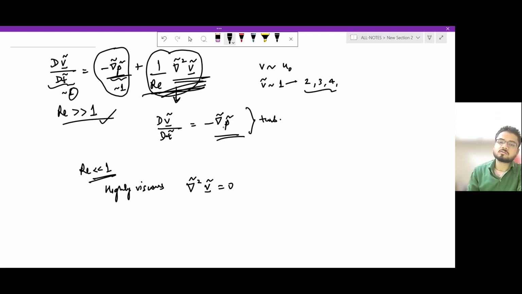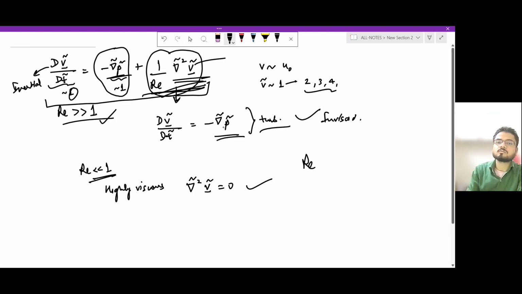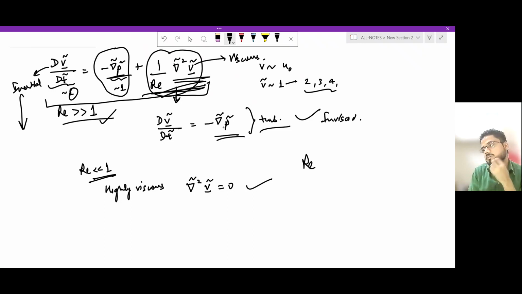Yes, so turbulence and also inviscid fluids. Effectively, Re conveys a meaning that indicates the relative magnitudes of the inertial and the viscous forces. So why is this called inertial? Inertia is something that is carried by a body that is either at rest or moving.